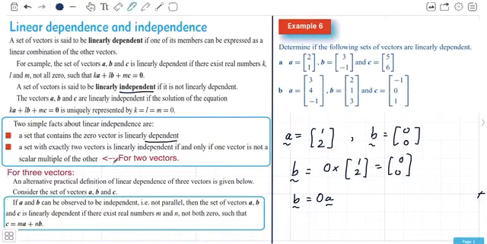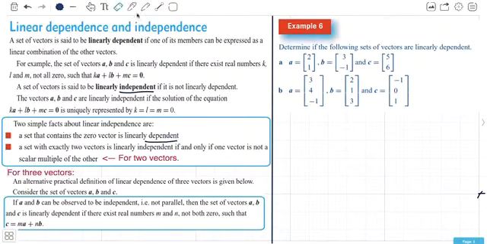It says here too, a set with exactly 2 vectors is linearly independent if and only if one vector is not a scalar multiple of the other. And we showed that before. If you have a scalar multiple, like for example we had to start with A and B was 3 times B was equal to A, those 2 vectors were dependent because you could write one as a scalar multiple of the other. Now for 3 vectors it gets a bit more difficult. And this is where you really have to think about the practical way of determining this.